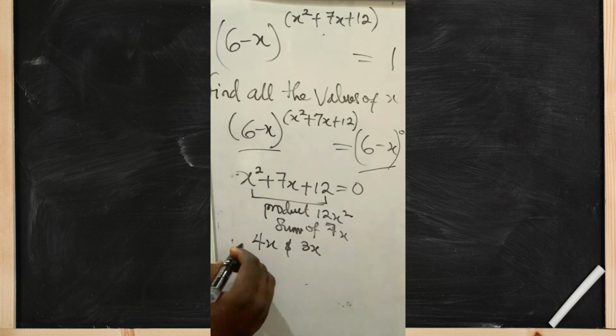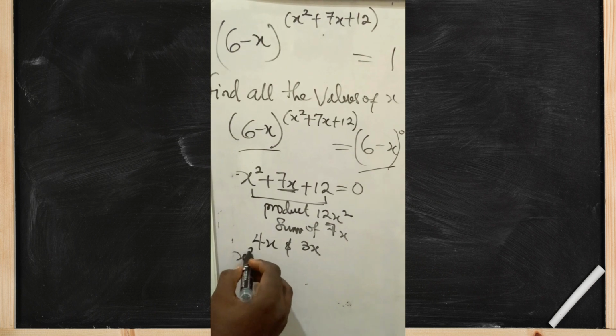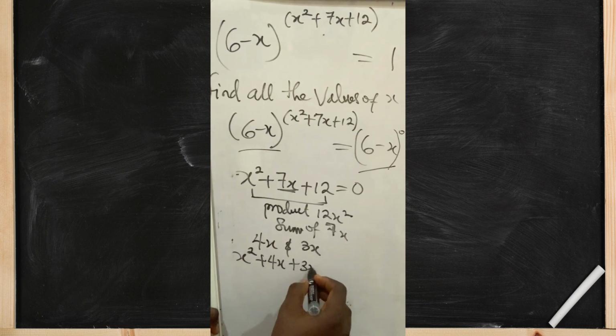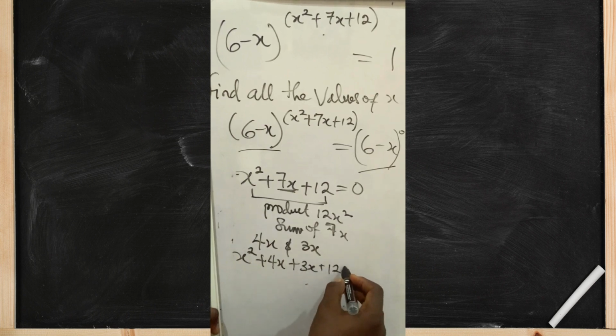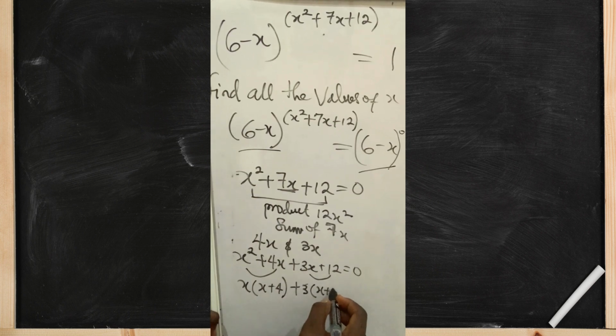Right? So we can expand the 7x now to become x squared plus 4x plus 3x plus 12 equals 0. By the time we merge these two, in order to look for the common factor there, x, we are going to be having x plus 4, then plus 3, then we are having x plus 4.